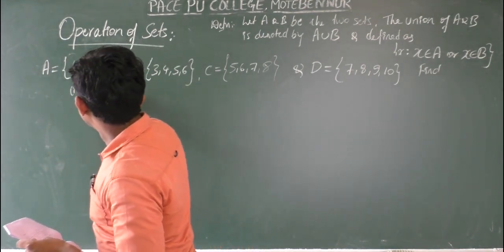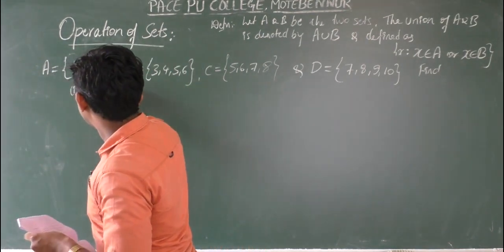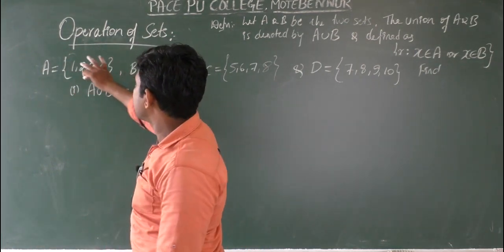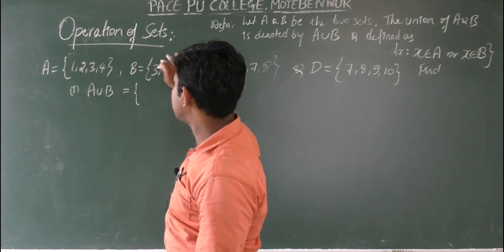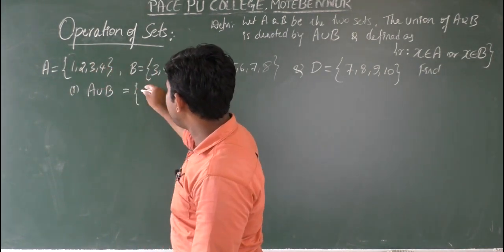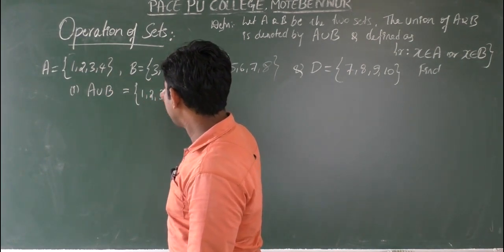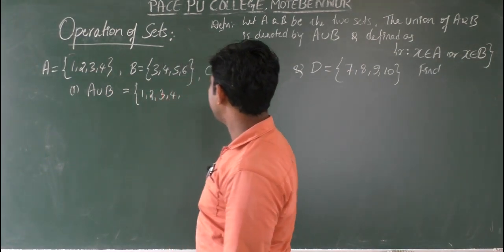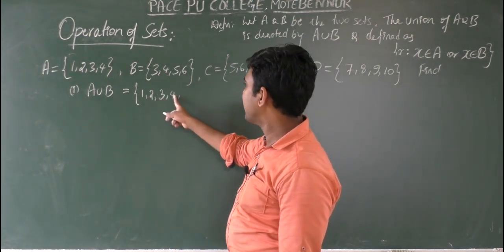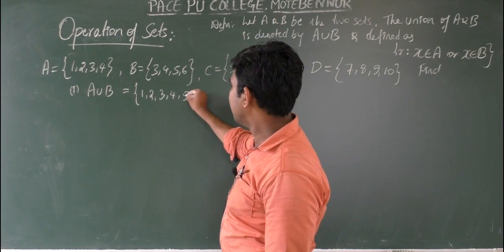Find the first, A union B. What is A union B? This is the first set A and this is the set B we have. A union B is nothing but collect the elements of A, that is 1, 2, 3, 4. Next elements of B, so 3 you already have, so don't write again. 4 you already have. Next 5, next 6.